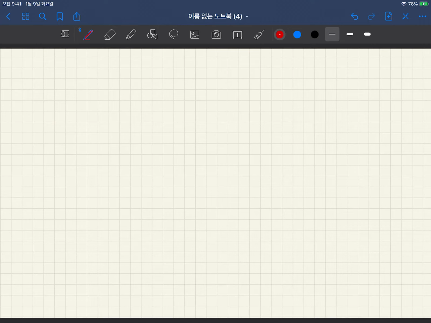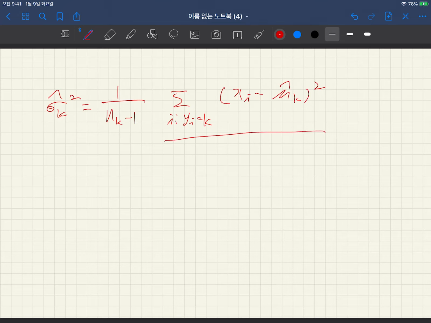But in some cases, rather than sigma square, you want to obtain the variance of each cluster, sigma hat k square, the variance for cluster k data points. In that case, naturally, this will be normalized by nk minus 1, times the sum over i with yi equal to small k of the norm of xi minus mu hat k, squared, because in this case we only have one single parameter and nk data points. So the degree of freedom is nk minus 1.